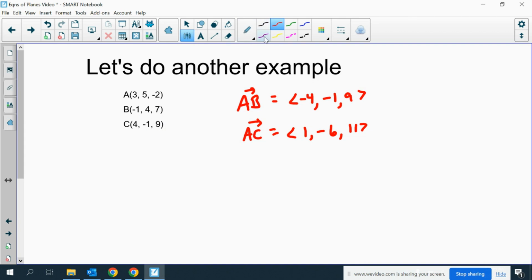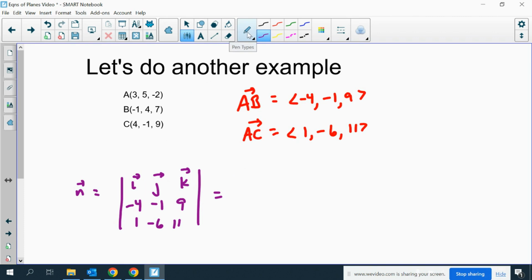Now you need to find a vector that's normal to this plane. So the normal vector will be ijk. We have to find the cross product with these two vectors: -4, -1, 9, and 1, -6, 11.